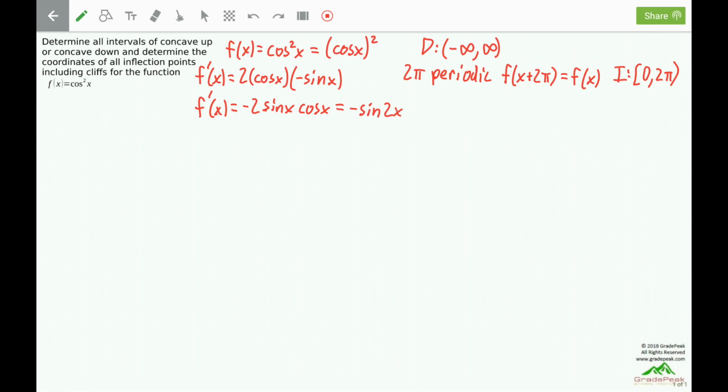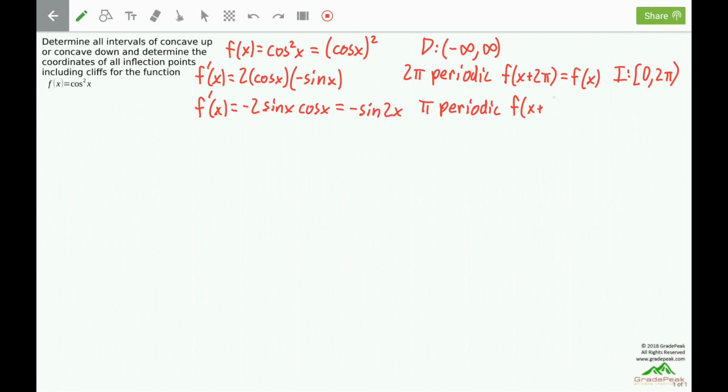It's now sine of 2x, and sine of 2x is 2 pi divided by 2, which is pi, periodic. So it actually will now be under the condition of being pi periodic, which means it repeats itself every pi radians.